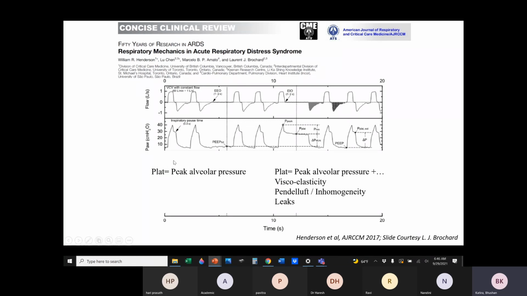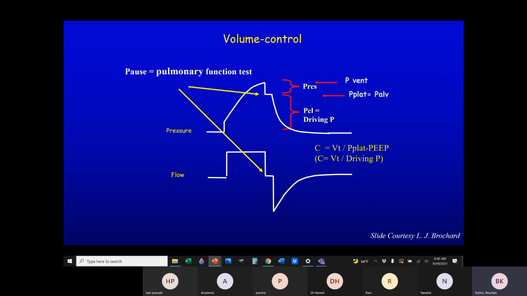That's how it becomes a good pulmonary function test. Okay. So pausing during an inspiration itself in a volume control breath is like a pulmonary function test. It helps you separate the resistive pressure from the elastic pressure. The elastic pressure is what we now call the driving pressure, which is plateau minus PEEP. Why do we call it a driving pressure?